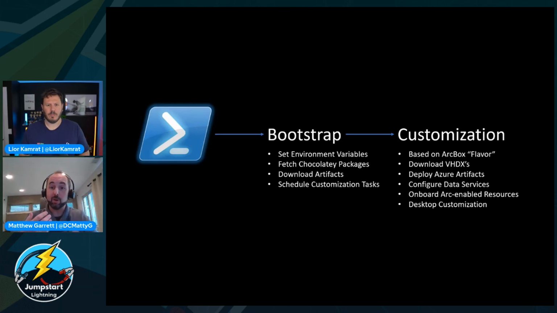But just to let you know what's actually happening during that process, this is where the actual script based on the flavor, whether it's IT Pro, data services, or the new DevOps flavor, will actually start getting the motion going for all the pieces that need to make that solution up. In some cases, when we're talking about servers, this is where we're actually going to download VHDXs and start putting those into Hyper-V.